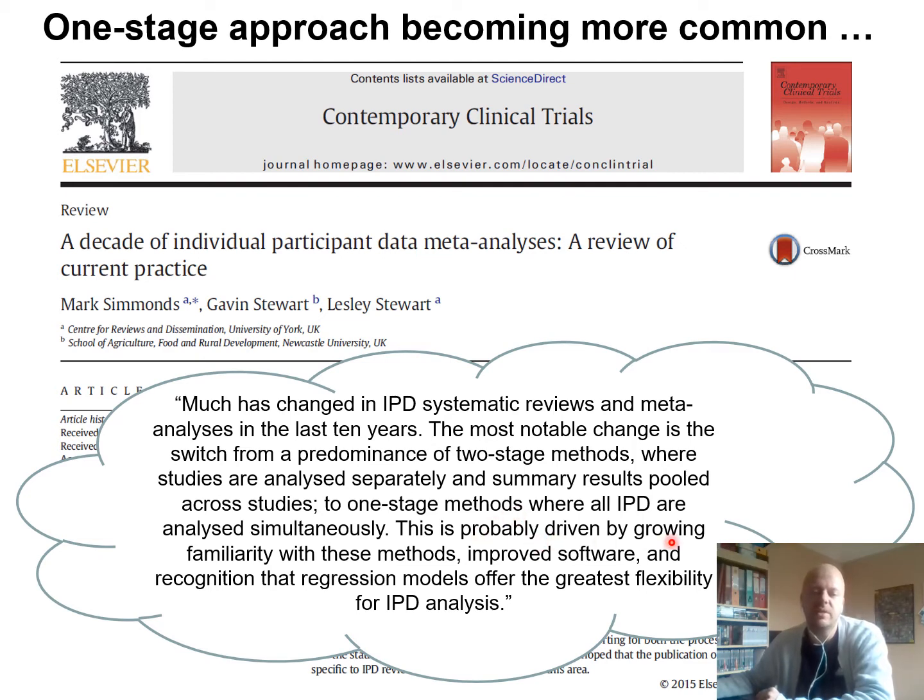They suggest this is probably due to growing familiarity with these methods, improved software, and recognition that one-stage models offer the greatest flexibility. I just want to challenge that, in terms of encouraging people: if they're unsure, then in most situations a two-stage approach is probably better for them.